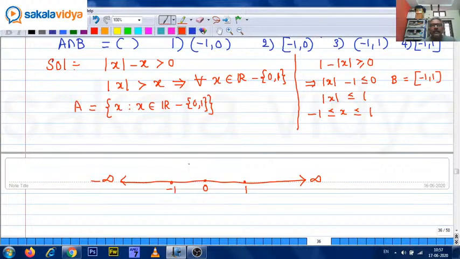So what we need to write now here? Minus 1 to 1, here to here. And next, this will be all the real values except 0. All the real values except 0 and 1. That means you shade like this.